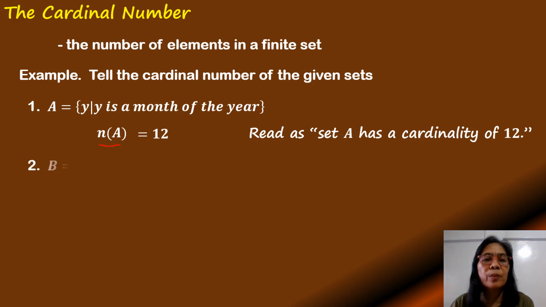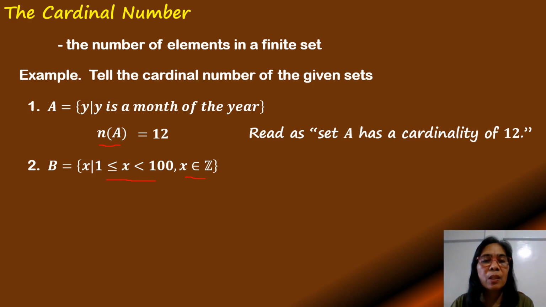In the second example, B is the set of X such that X is greater than or equal to 1 but less than 100, and X is an element of the set of integers. So this set tells us that included in set B are all counting numbers from 1 to 99 because x is less than 100.